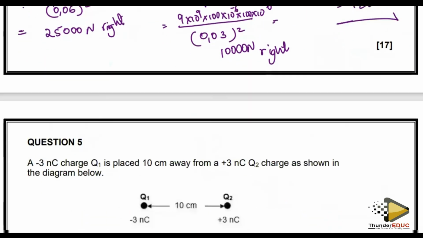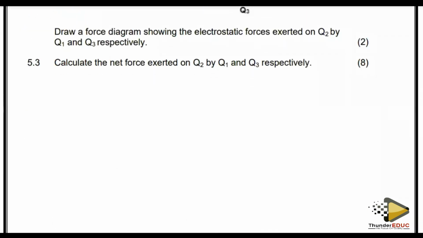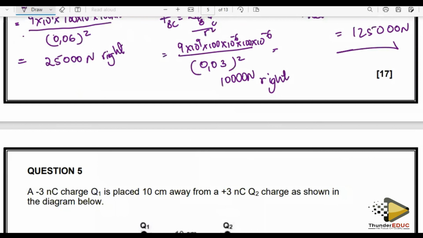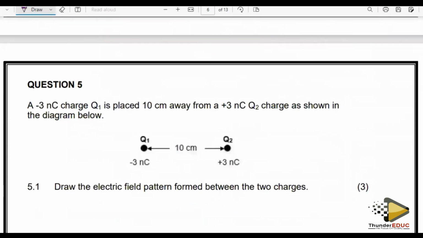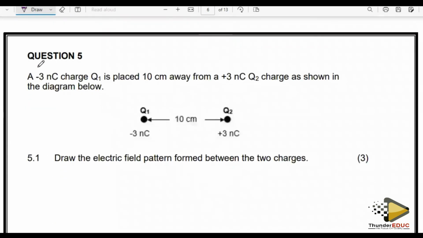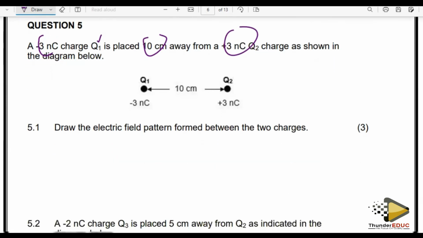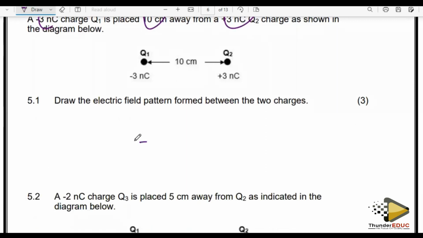Then now, question number 5. Okay, so we have a negative 3 nanocoulomb charge and a positive charge 10 centimeters away, in the diagram below. Draw the electric field pattern, so positive and negative. It doesn't matter which one we call positive.